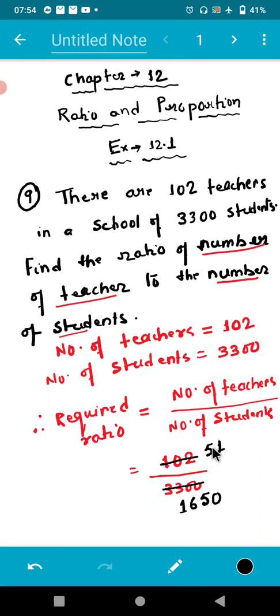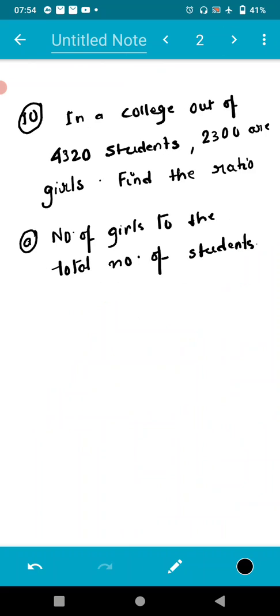If I divide 51 by 3, I will get 17, and if I divide 1650 by 3, I will get 550. Now we cannot reduce further, so the required ratio is 17 is to 550. Now let's move on to the next sum.